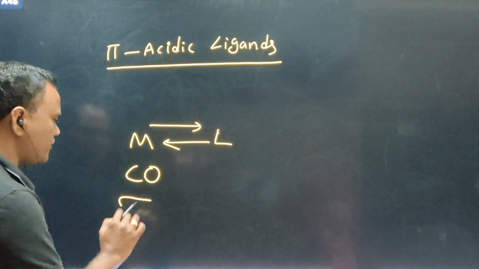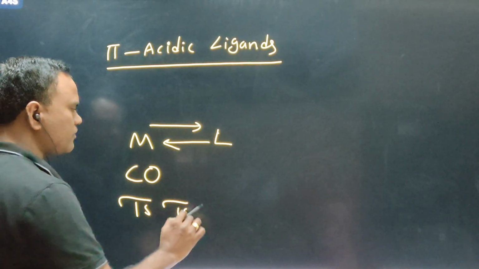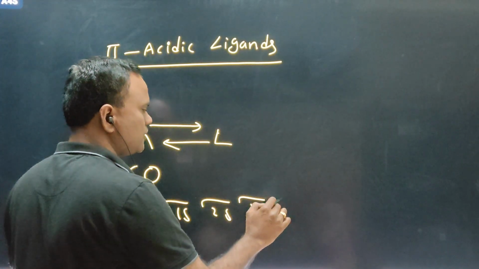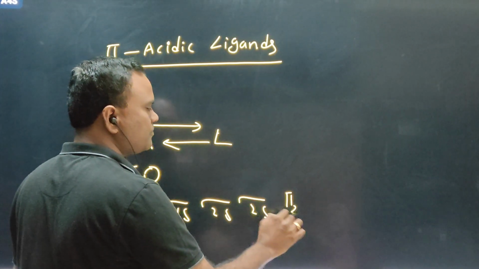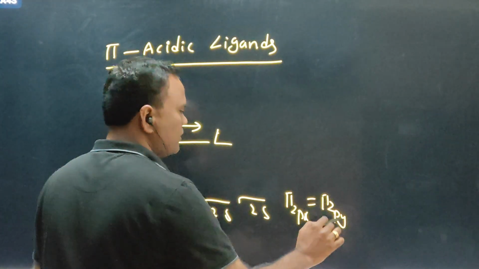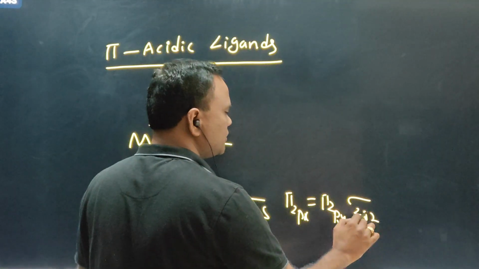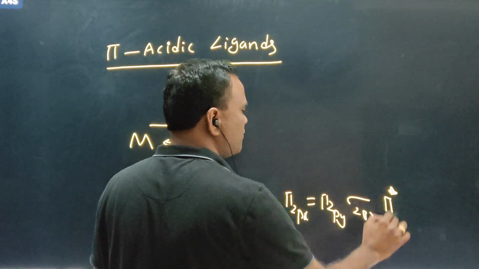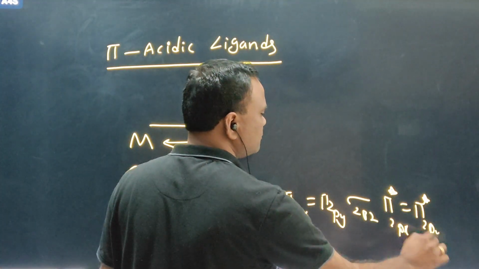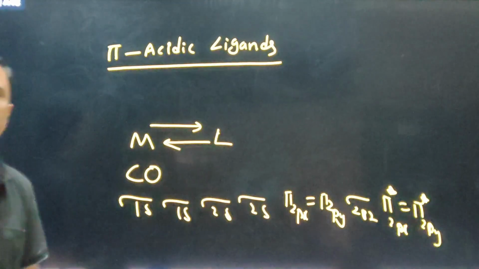Then write the configuration: sigma 1s2, sigma star 1s2. 14 means here what will you write first? Pi 2px is equal to pi 2py, sigma 2pz. Next, pi star 2px is equal to pi star 2py. Total how many electrons do we have to fill?